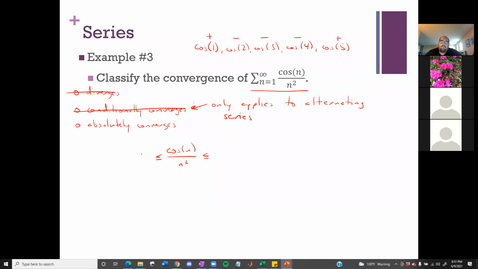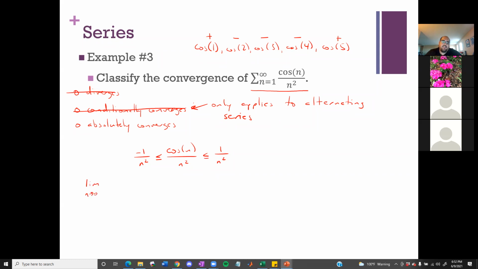It's -1 and 1. Negative 1 over n squared. Yeah, you need the over n squared. But keep in mind that cosine always oscillates between -1 and 1. So -1 over n squared will always be less than or equal to cosine n over n squared. And similarly, positive 1 over n squared will always be the maximum.